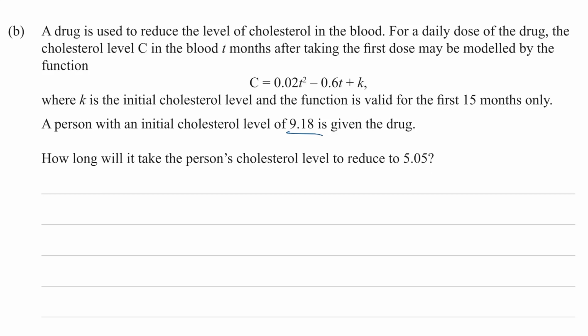All right. So the target is a cholesterol level of 5.05, and we know that will equal this function in terms of T months and K initial amount.